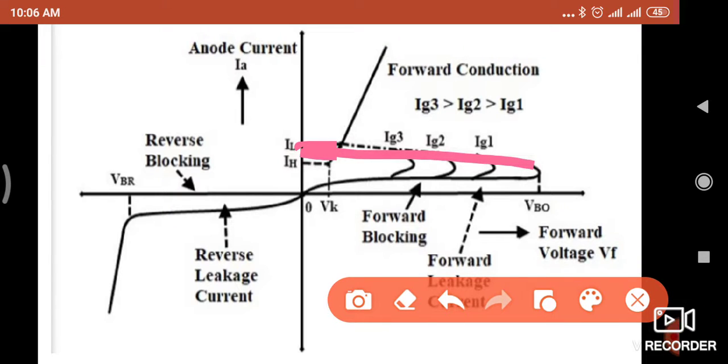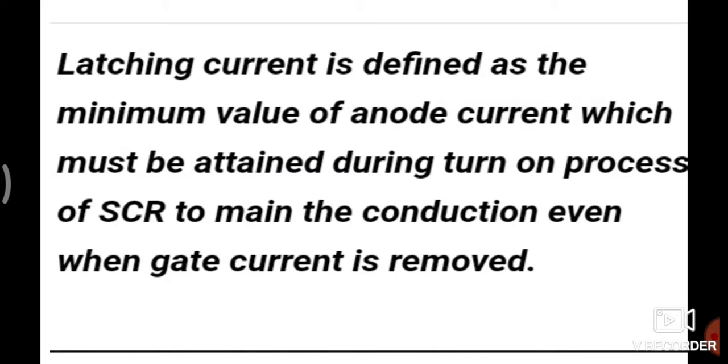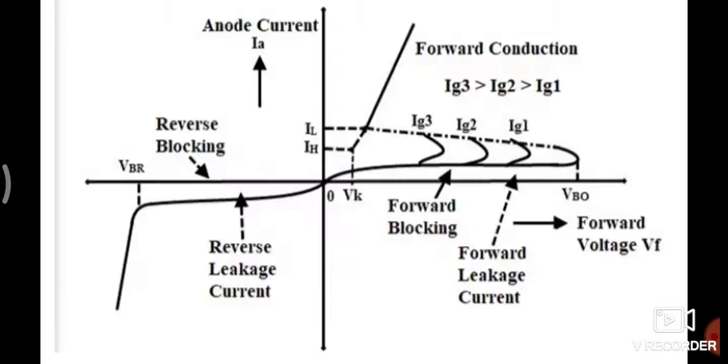So even when the gate pulse is removed, at that situation the SCR will be in forward conduction mode. So latching current is the minimum current to attain turn on of the SCR even when gate current is removed.